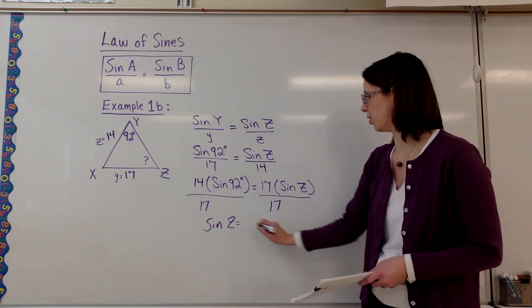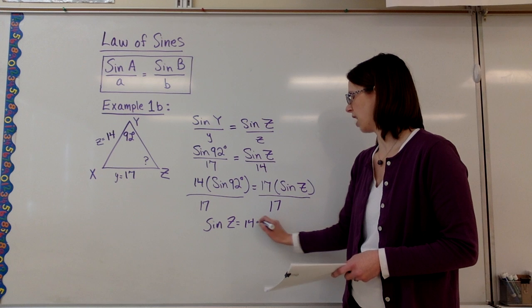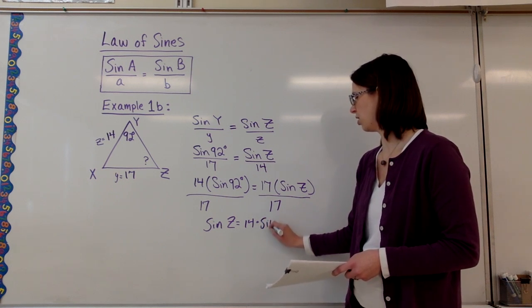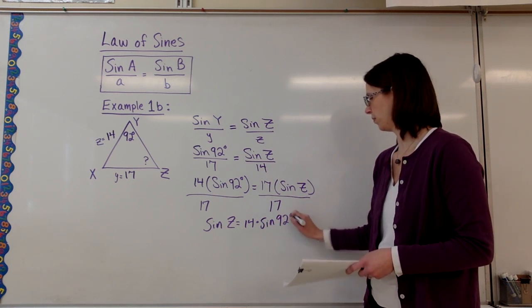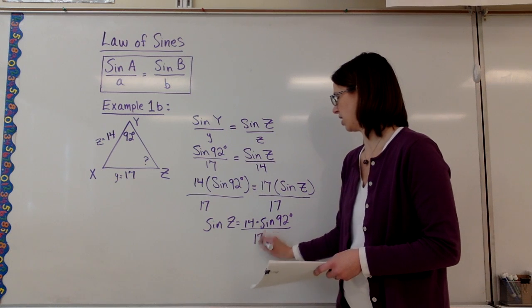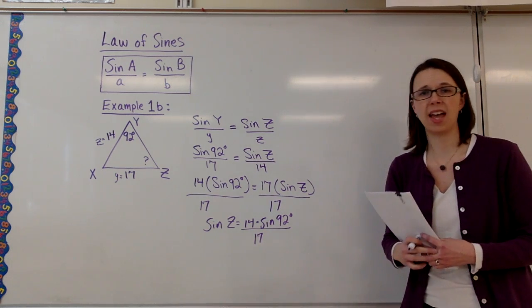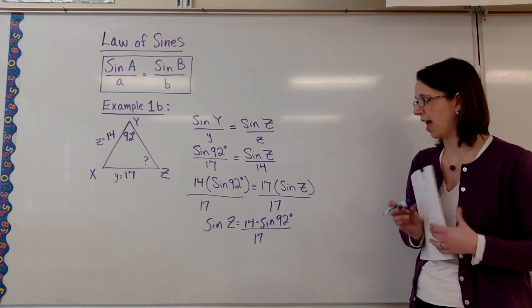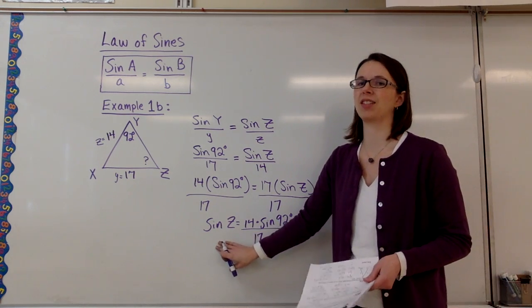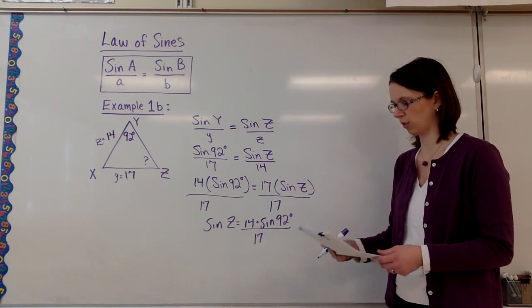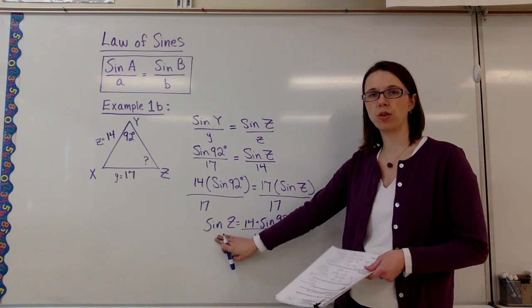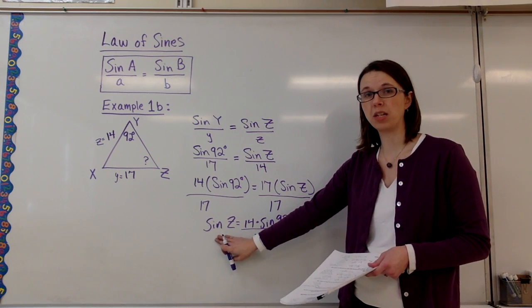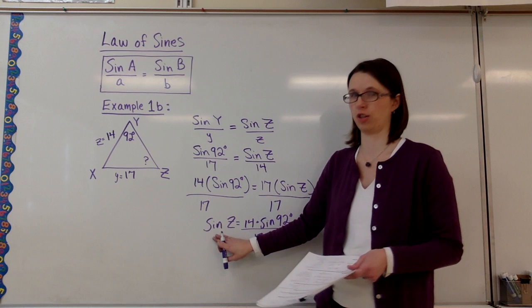That will accomplish getting sine of z alone, which will be equal to 14 times sine of 92 all over 17. Notice I haven't touched my calculator yet, okay? What we need to make sure of is that we're solving for sine first and then solving for z as a result. And again, in order to undo the sine function, we need to use the inverse sine function, don't forget.